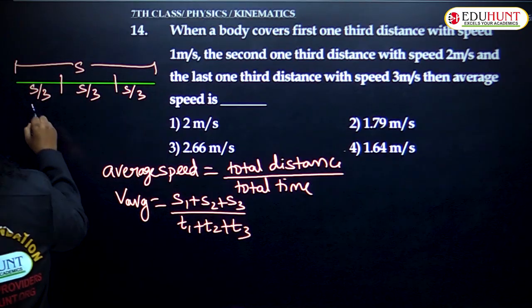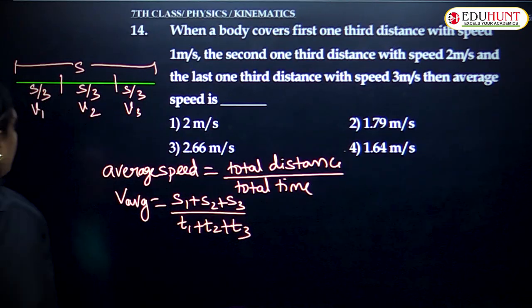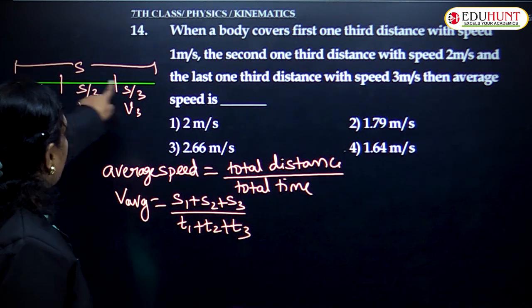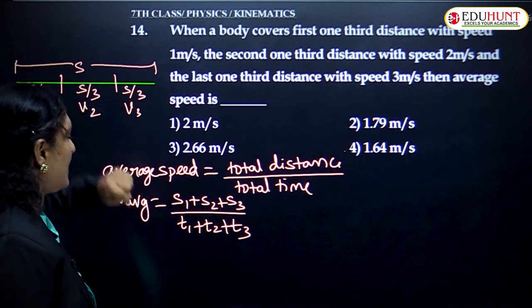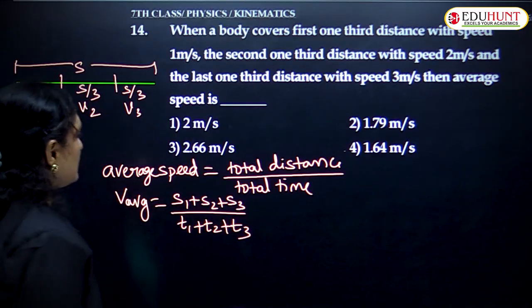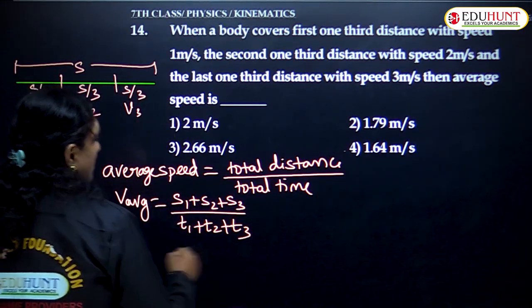And the speeds be some V1, V2 and V3. Then S1 plus S2 plus S3 will be equal to S by 3 plus S by 3 plus S by 3, which is nothing but S itself. Hence, this can be written as, and time is not given.